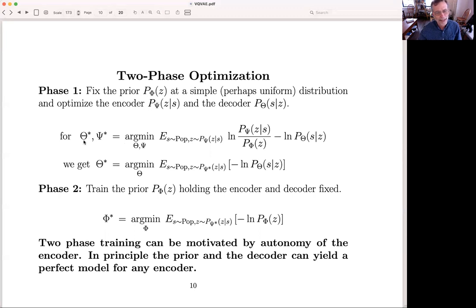If in the first phase, I fix the prior to be some trivial thing, like in VQ-VAE, we're going to fix the prior in a first phase of training to just be uniform. And we're going to let the encoder be completely deterministic. So anyway, the two-phase approach in general is to fix the prior and then not to train the prior. We're just training the encoder and the decoder, but we'll train it according to the VAE objective, just for the fixed prior.